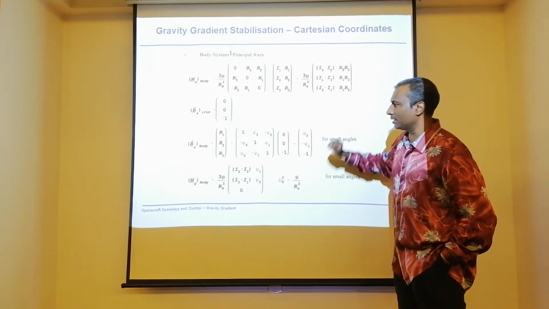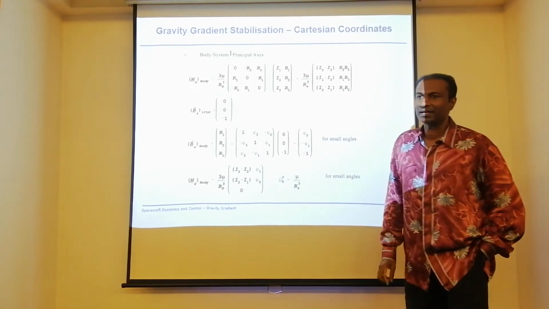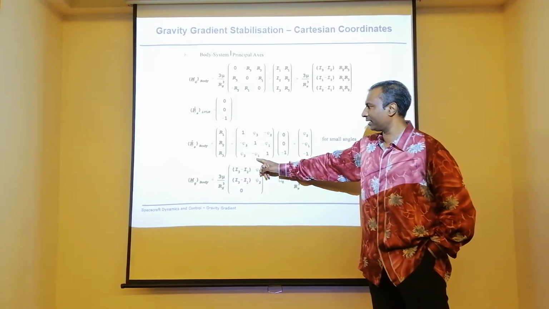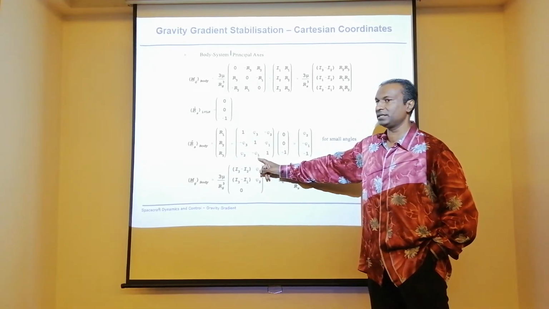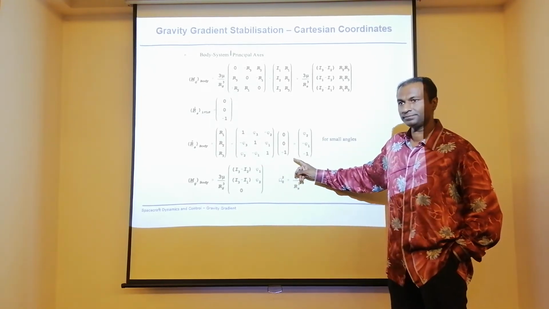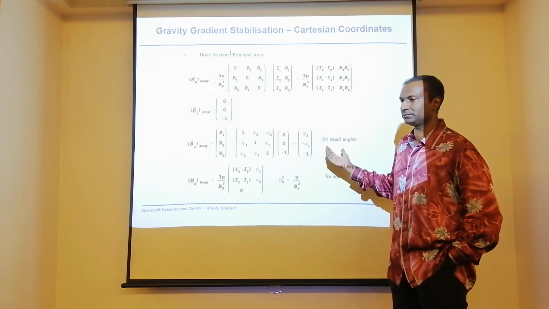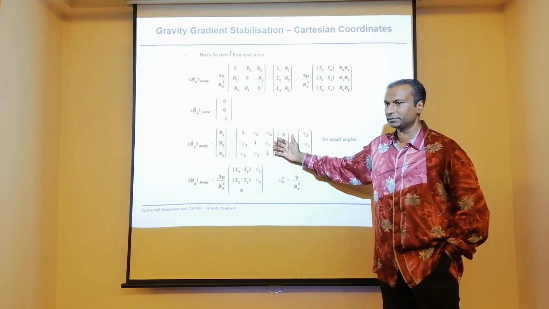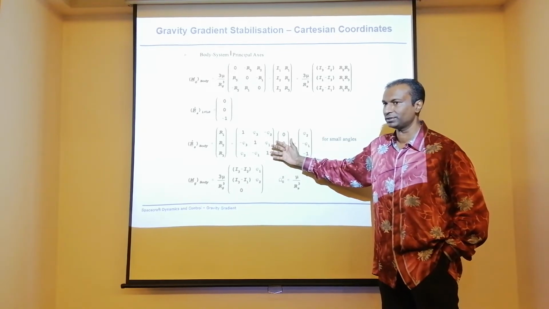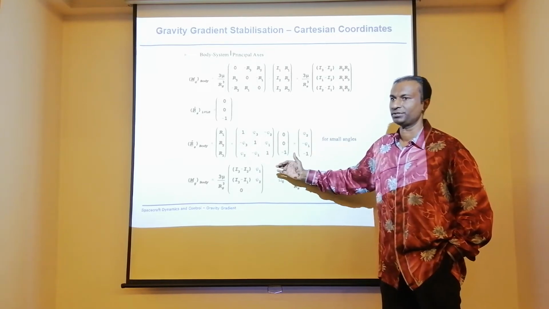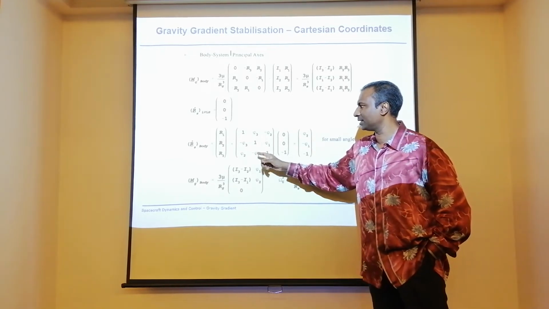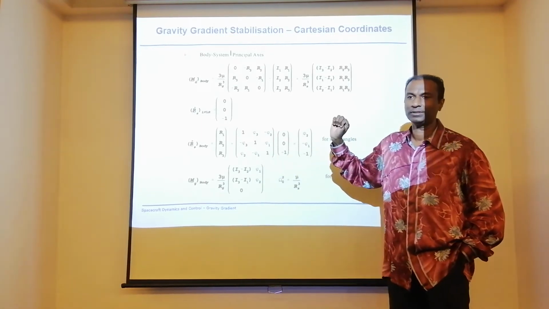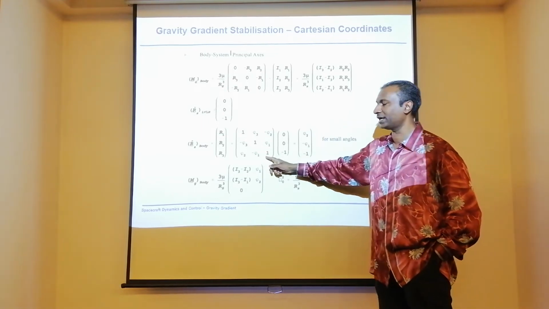We have gone through a linearized equation of motion earlier as an exercise, and we know how to transform a particular vector, let's say a 3 by 1 vector, from the local vertical, local horizontal system to a body system. This is the matrix we have already found and used to develop our Euler equation of motion. So I will evoke that equation again.